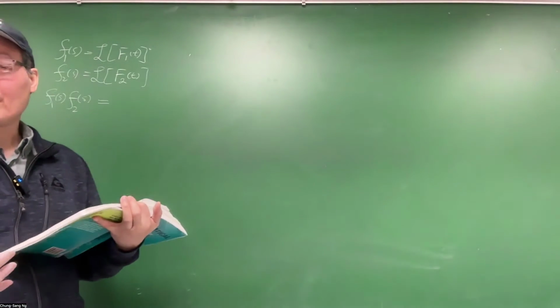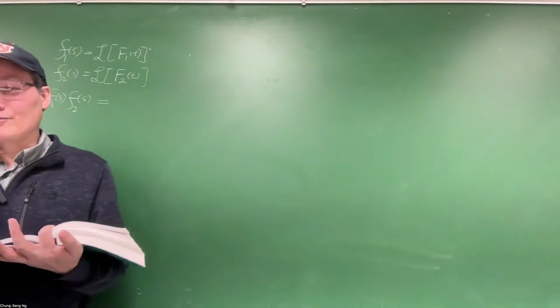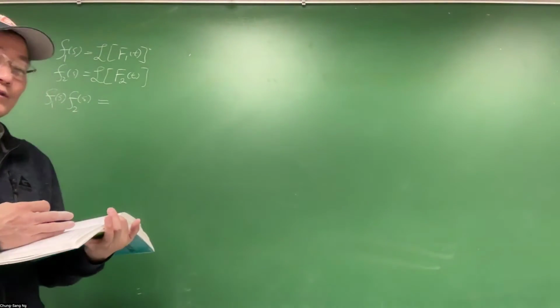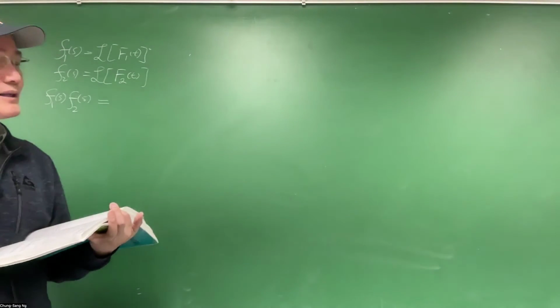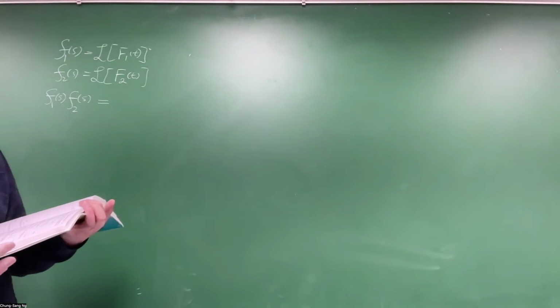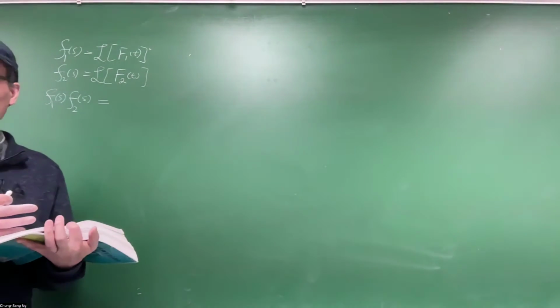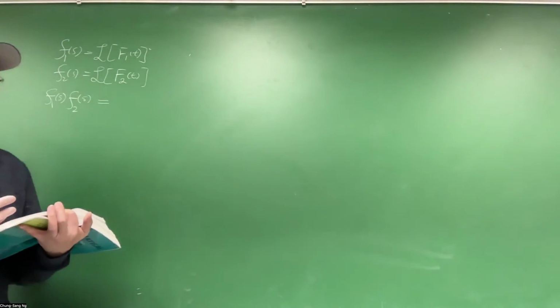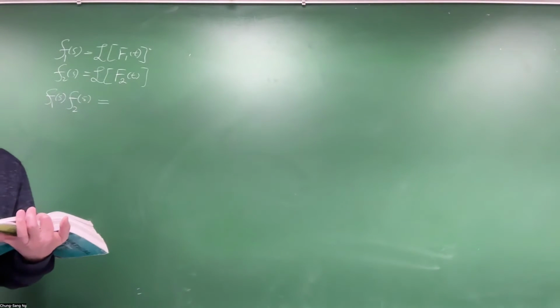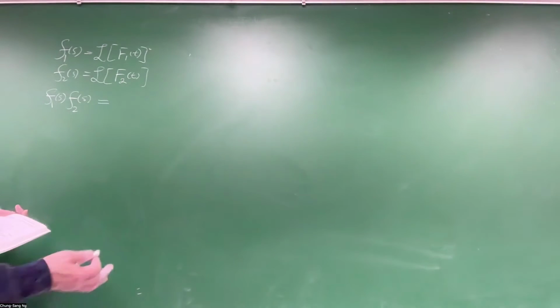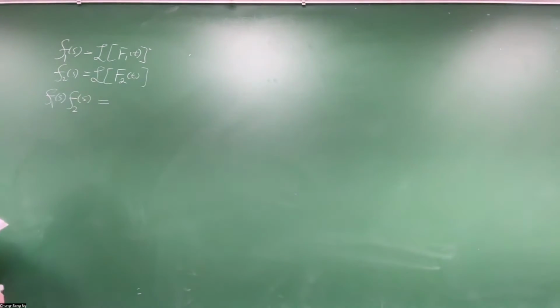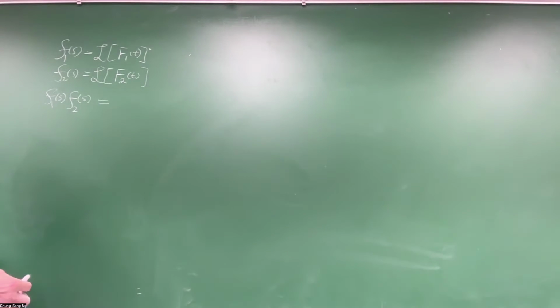For the Fourier transform, you use a symmetric definition, so you have the square root of 2 pi on the transform and the inverse transform. But in the Laplace transform, we defined one without the 1 over 2 pi. So that shows up in the definition of the convolution also. So other than that, it's actually the same.